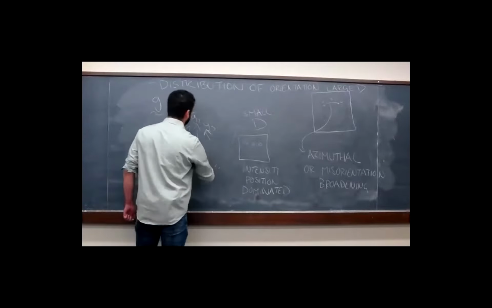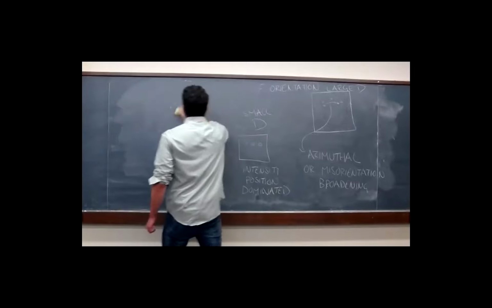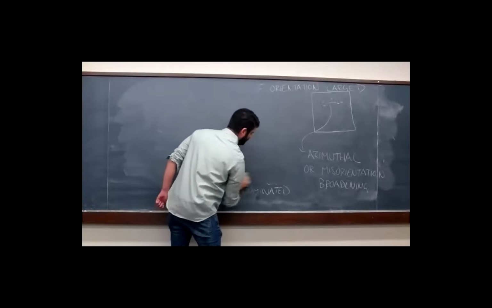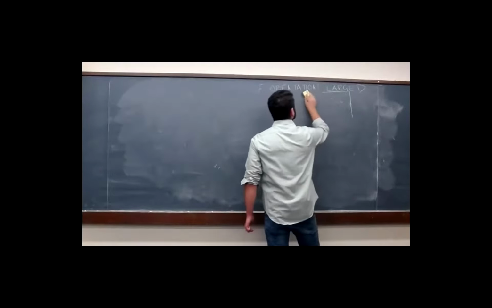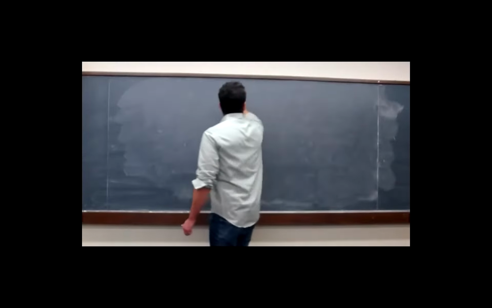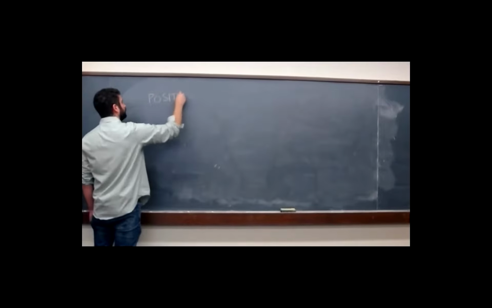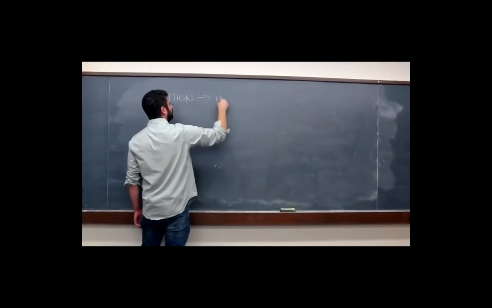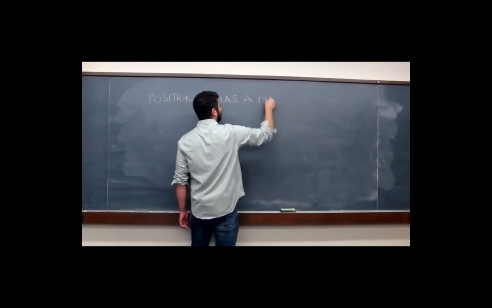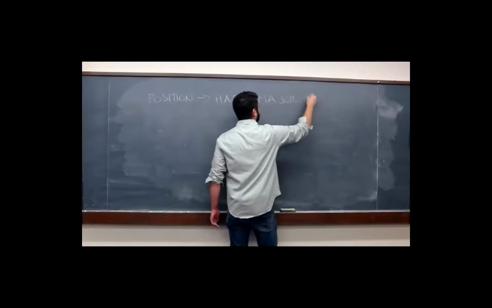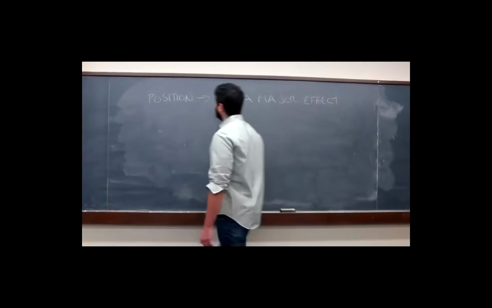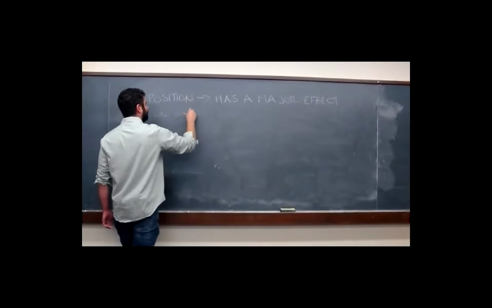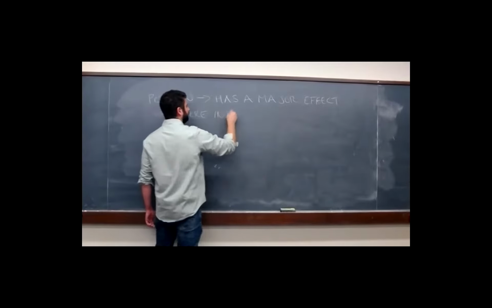So in summary, the position of crystallites has a major effect on where intensity appears in the near field.